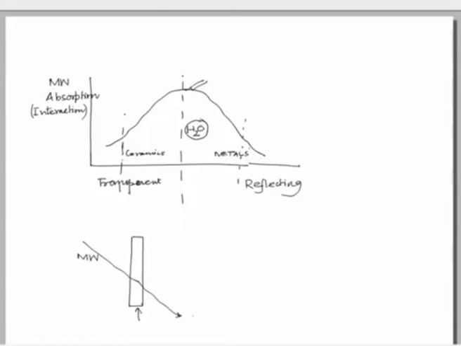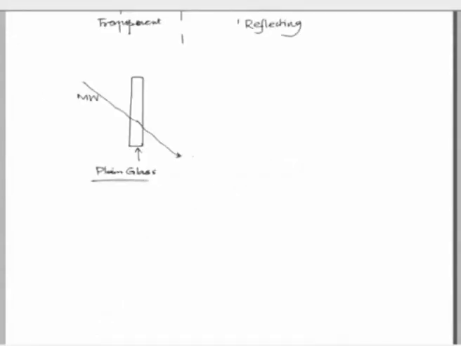Say this is a plain glass, and the energy is coming and going out. That means there is no absorption of energy. If there is no absorption of energy, who will do the work?